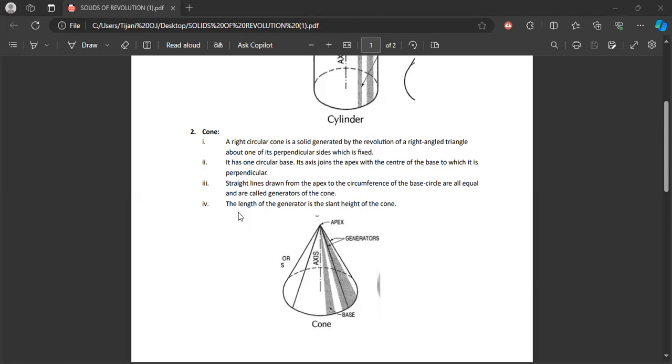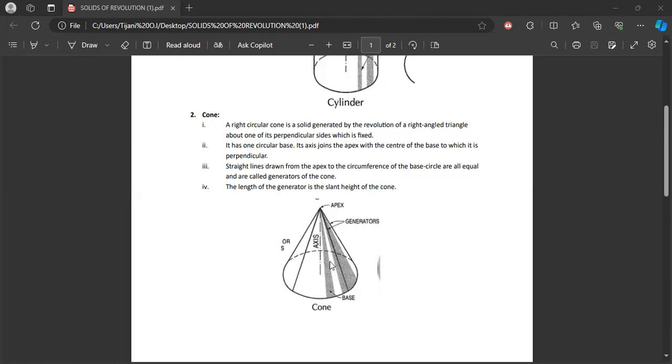The length of a generator is the slant height of the cone, as can be asked in mathematics, that we should find the slant height of a cone. So the length of the generator is the slant height of the cone.